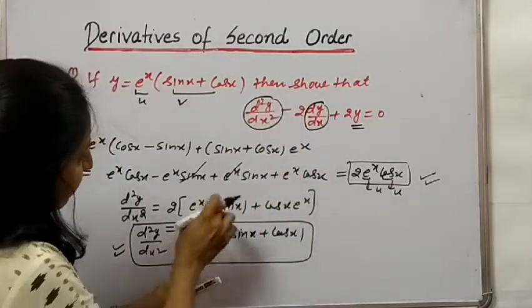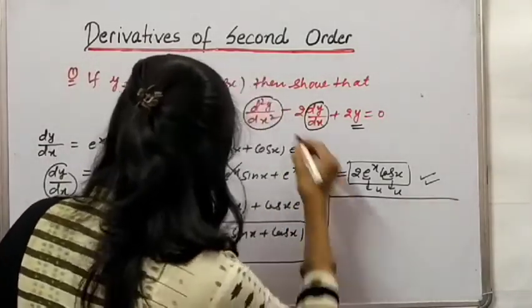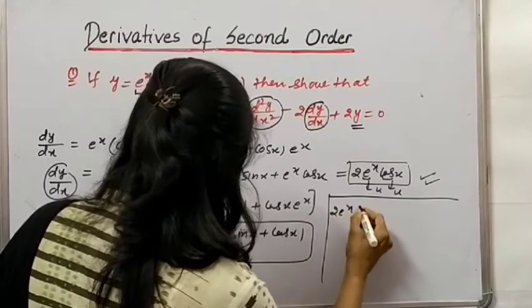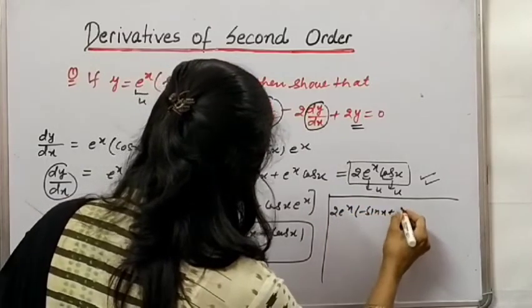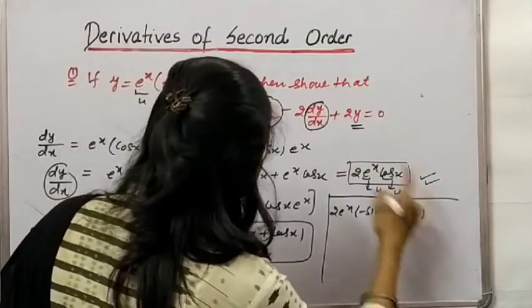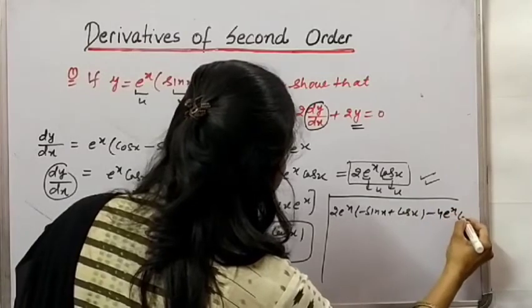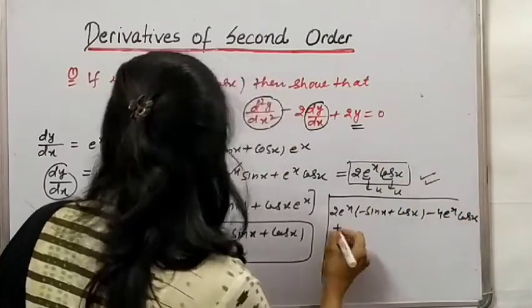Second order derivative value is 2 e raised to power x times (minus sin x plus cos x), and next minus 2 dy by dx, that is minus 4 e raised to power x cos x, plus 2y.